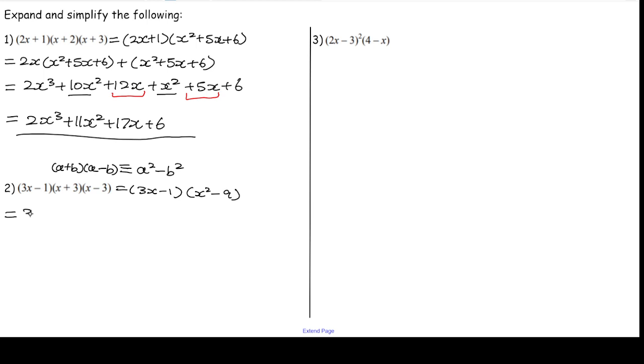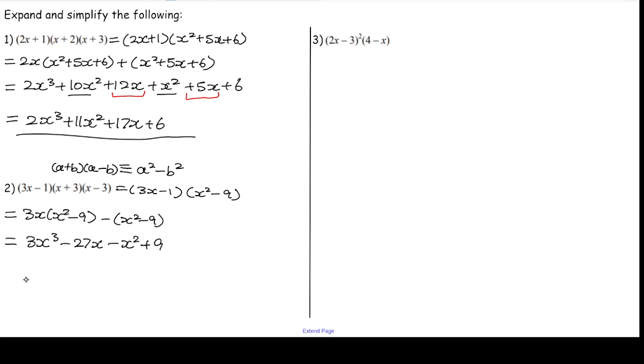So that would be 3x lot of x squared minus 9 minus 1 lot of x squared minus 9. But we would write that as minus bracket x squared minus 9, since negative 1 and 1 are not written outside the brackets. So simplifying that gives us 3x cubed minus 27x for the first bracket, and then minus x squared plus 9 for the second bracket expanded.